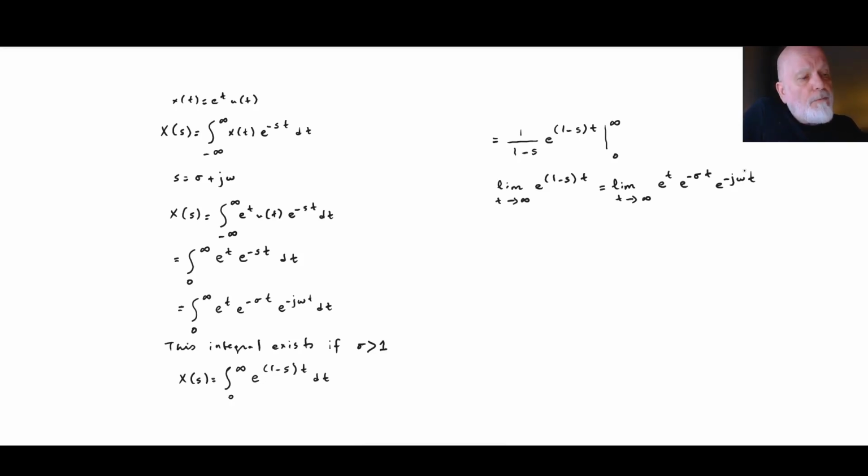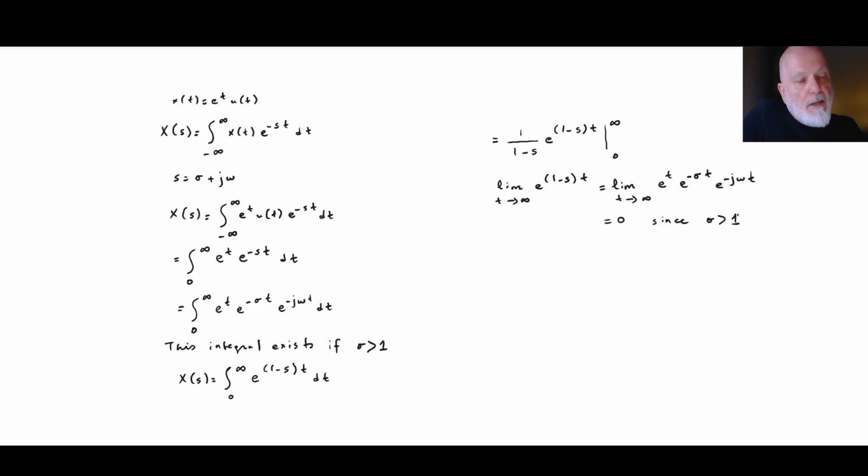It's composed of a real part, which is a sinusoid, and the imaginary part is also a sinusoid. So we have a sinusoidal function here in e to the minus j omega t. And this exponential decays to 0 if sigma is greater than 1. Okay, this is equal to 0 since sigma is greater than 1. That's how we choose the range of values of sigma such that we have a convergence.